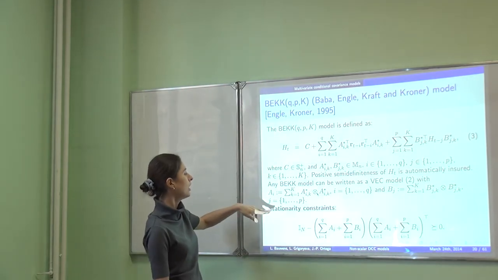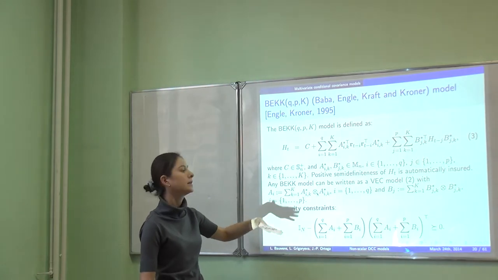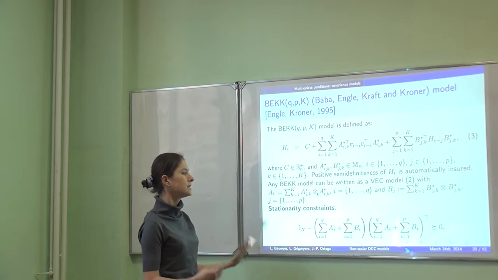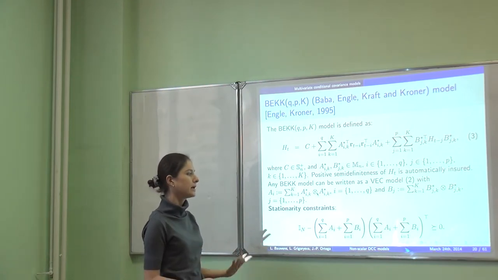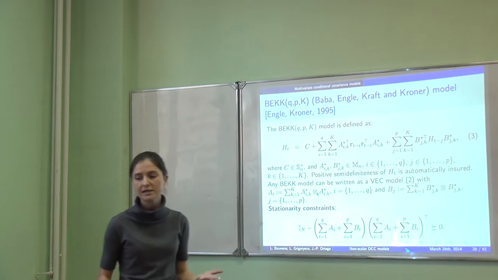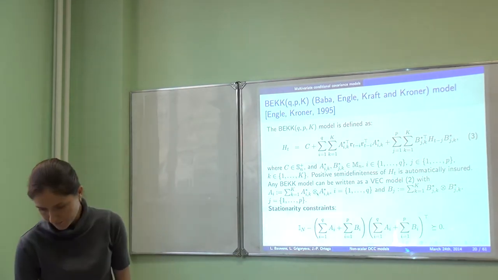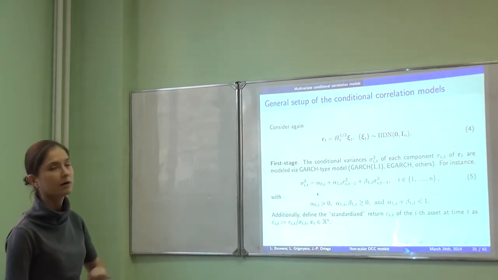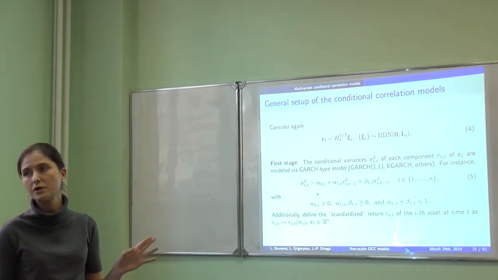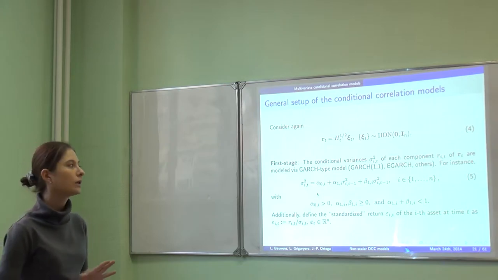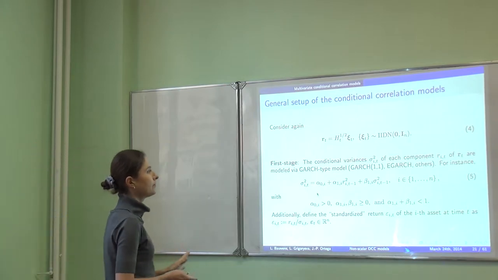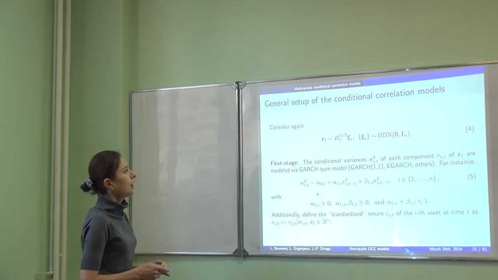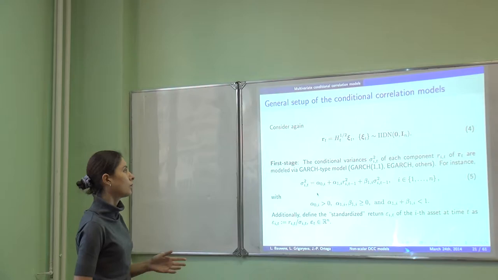In this case, we have only stationarity constraints that are supposed to give us something easier and more feasible, but in practice it is also a non-trivial task to estimate these parameters. I didn't give you all the others, there are many, but I gave you the survey. You can just look at the survey and you will have the whole list of different multivariate conditional covariance models of the GARCH type, so-called M-GARCH.